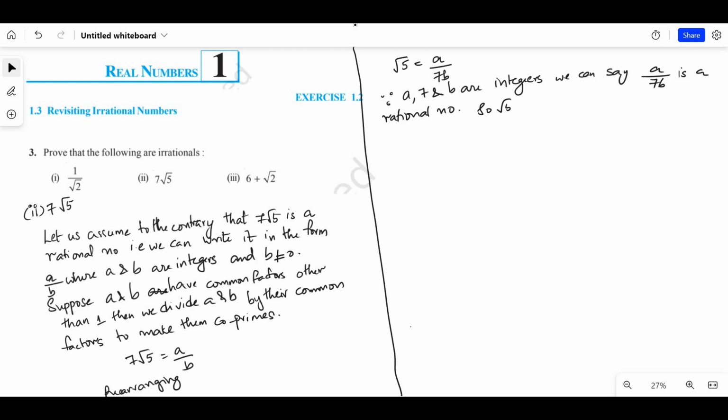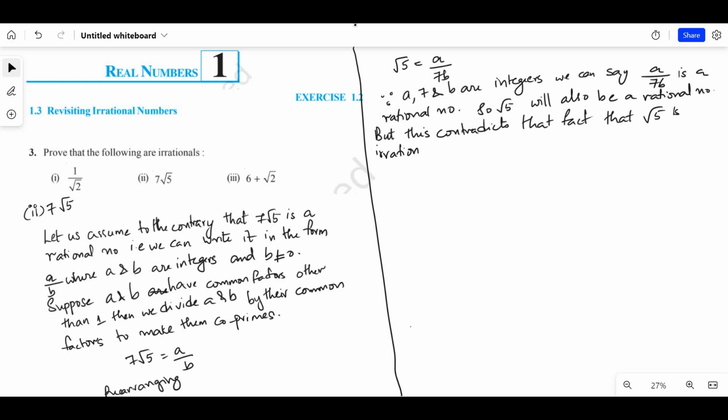So root 5 will also be a rational number. But this contradicts the fact that root 5 is irrational. So in the first question we have already proved that root 5 is irrational.